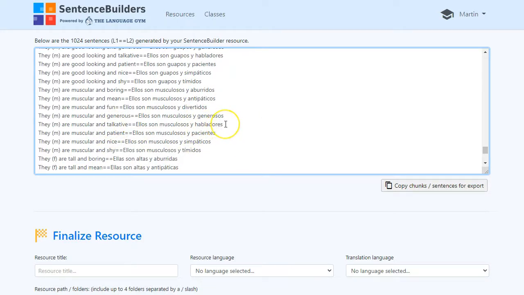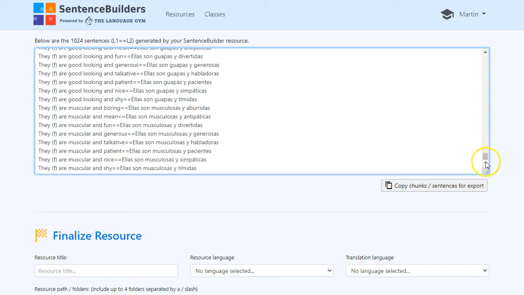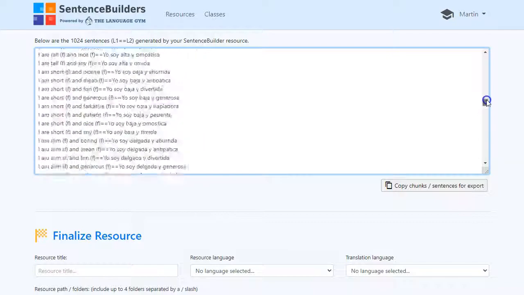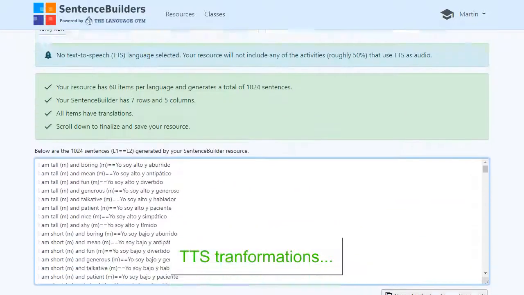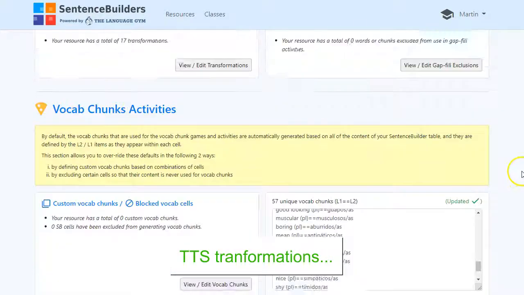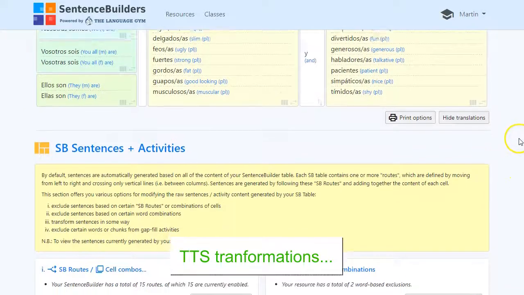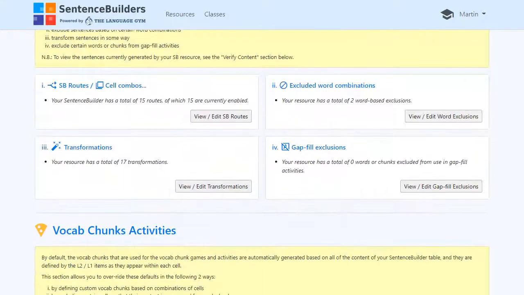So we made sure that even though we're including mixed content in our table, that we've transformed it so that all of our sentences contain meaningful and correct adjectives. So this resource is pretty much finished now. There's just an extra consideration I need to talk to you about.